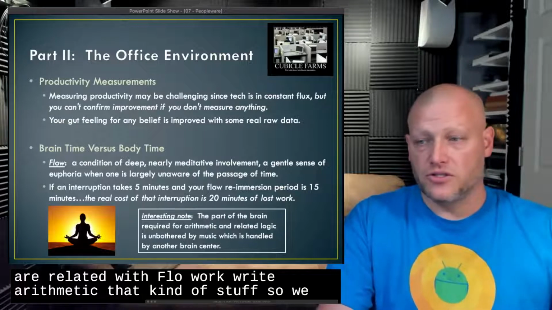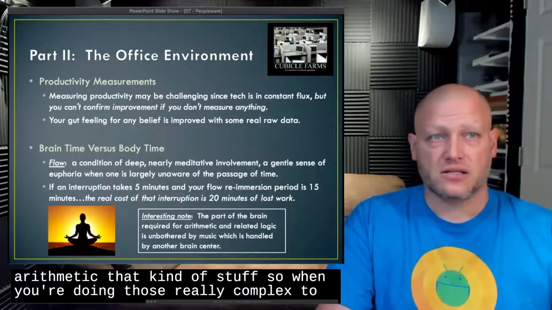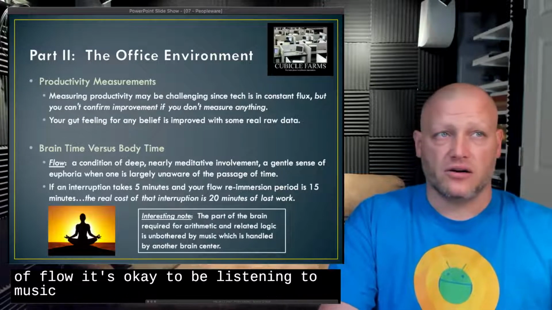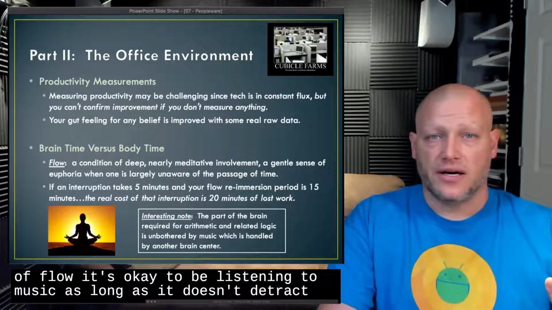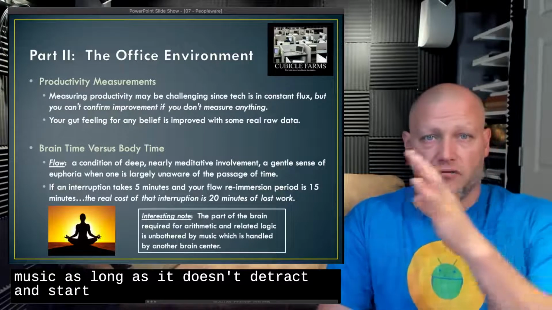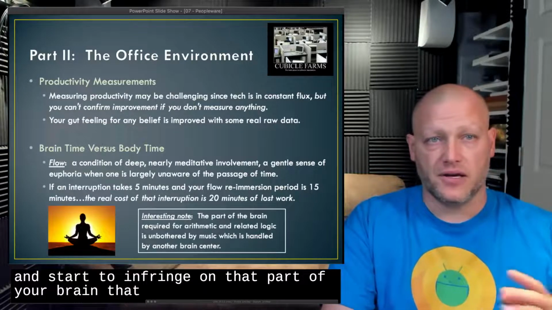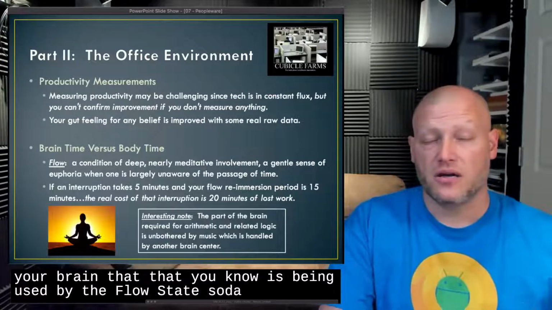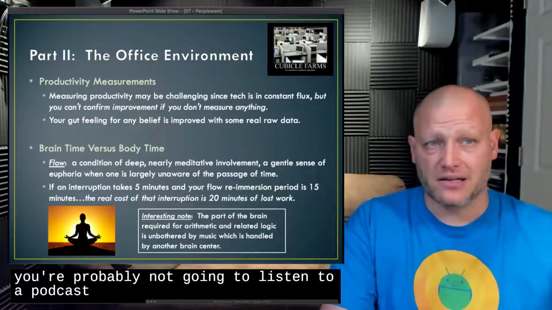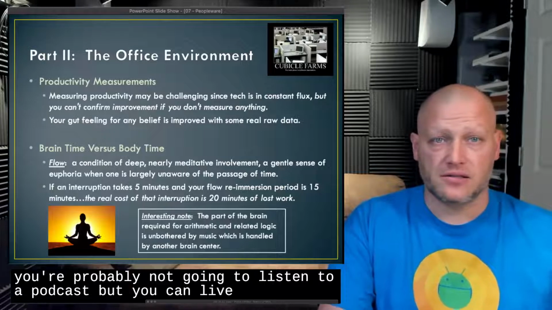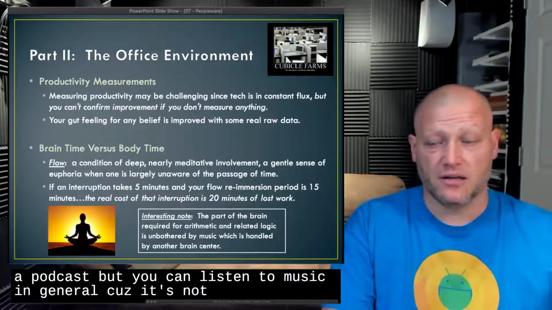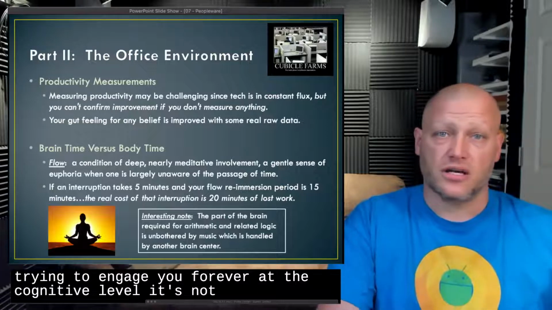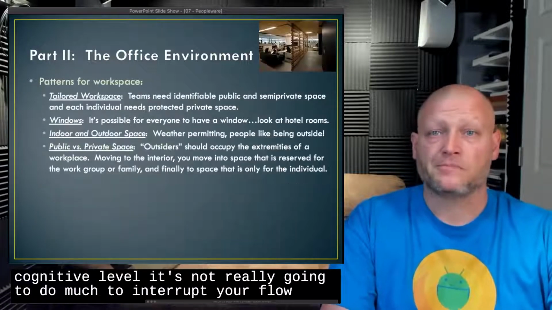So when you're doing those really complex tasks and you're in this state of flow, it's okay to be listening to music as long as it doesn't detract and start to infringe on that part of your brain that is being used by the flow state, so to speak. So you're probably not going to want to listen to a podcast. But you can listen to music in general, because unless it's trying to engage you at the cognitive level, it's not really going to do much to interrupt your flow.